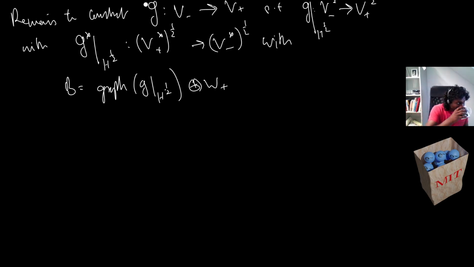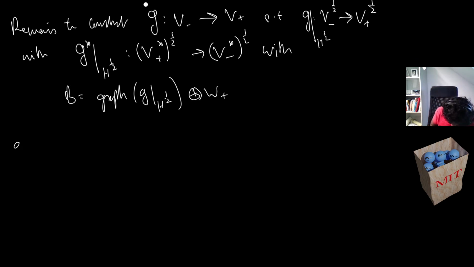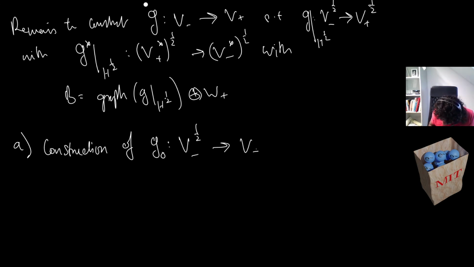So first we'll actually construct the map G restricted to H half. So the first step is construction of G naught that takes us from V minus a half to V plus a half, and also an H naught that takes us from V plus star a half to V minus star a half.